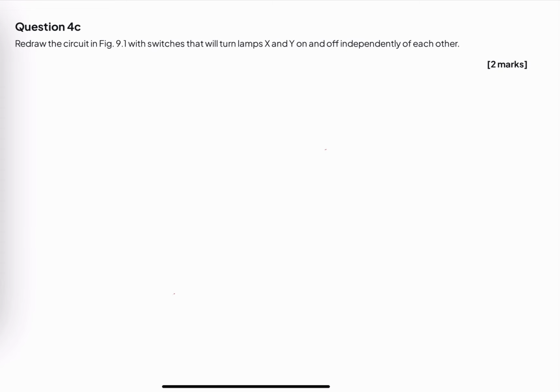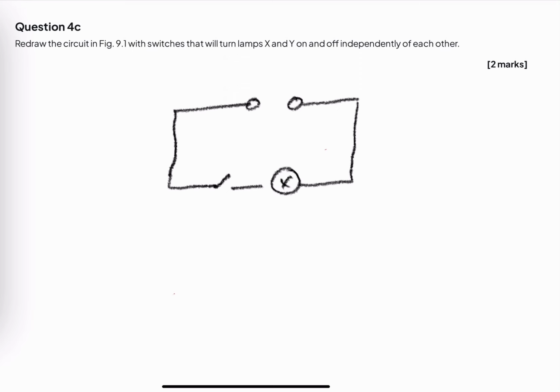There we have, this is a power supply, there was a lamp, you can draw a switch here, and there is a second lamp, you can draw another switch here. So this is the diagram.